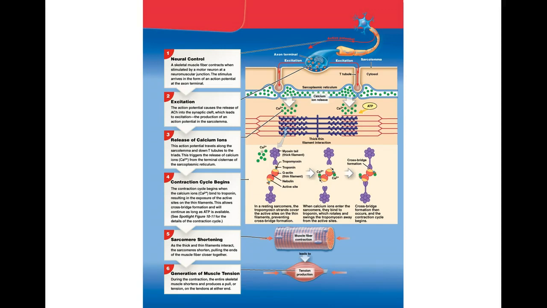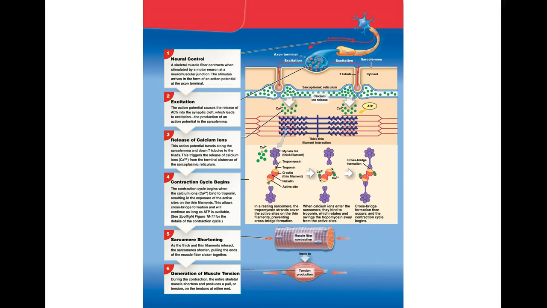That release of calcium ions into the area where you have the thin and thick filaments causes the tropomyosin to be shifted, and that exposes the active sites on the thin filaments.